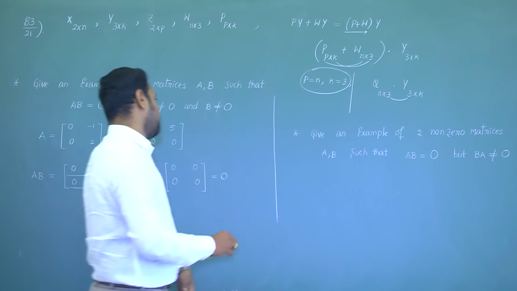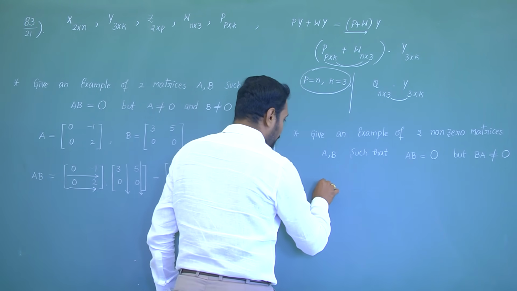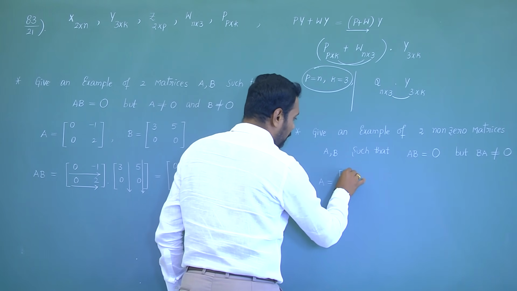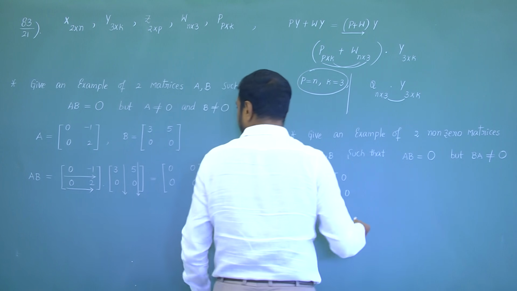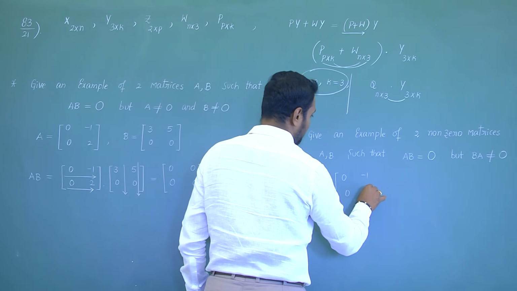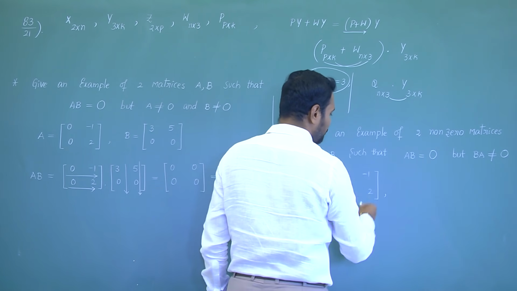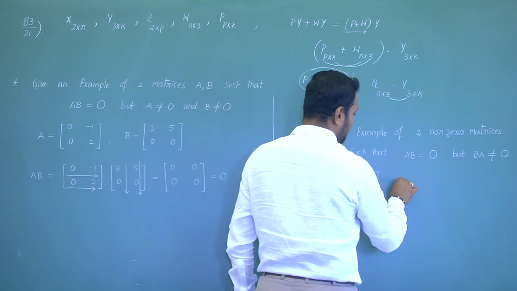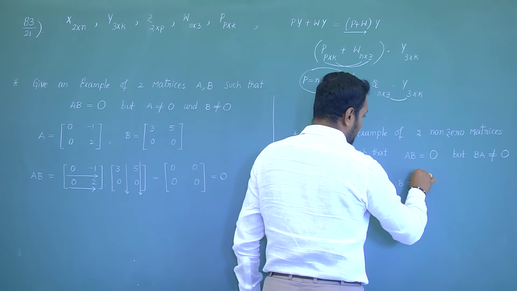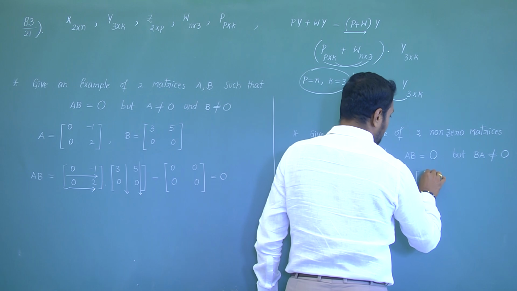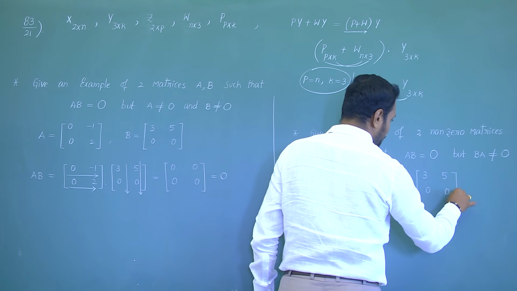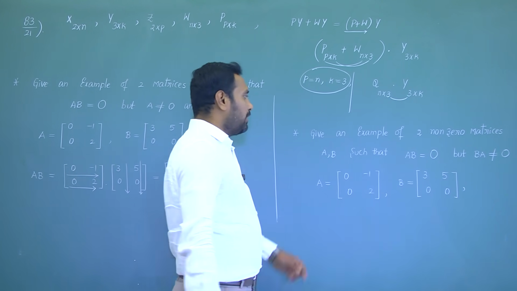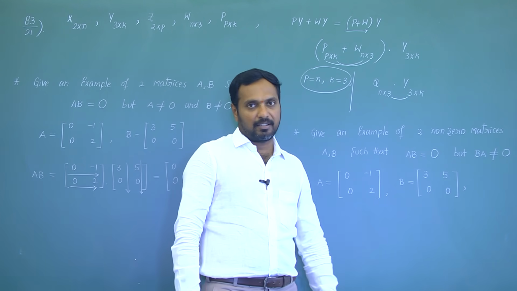For that case also you can remember to give the same example. The logic you need to remember is: first matrix, first column elements zeros, second column elements your wish, minus 1, 2. You can change these numbers also, it does not affect the form. Capital B has second row elements zeros but first row elements your wish. So these two are non-zero matrices.